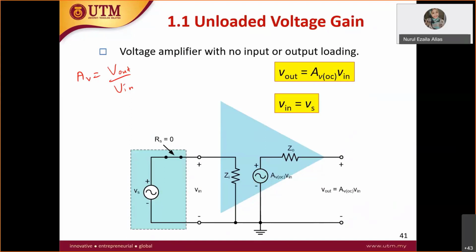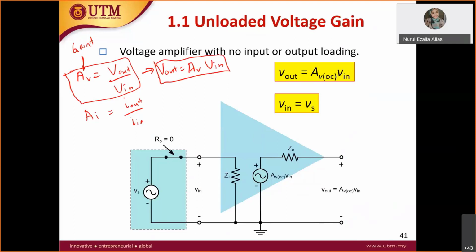It could also be current, Iout over Iin, which is represented as AI, the current gain. From this formula, if you rearrange it, you get that Vout is equal to gain times Vin. I believe you all know how to rearrange this formula.